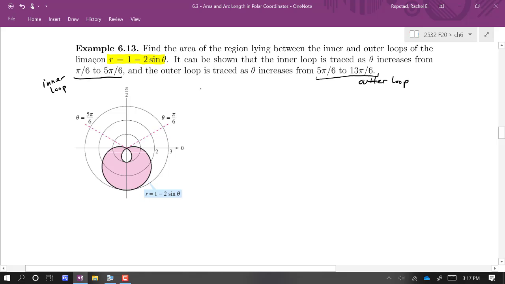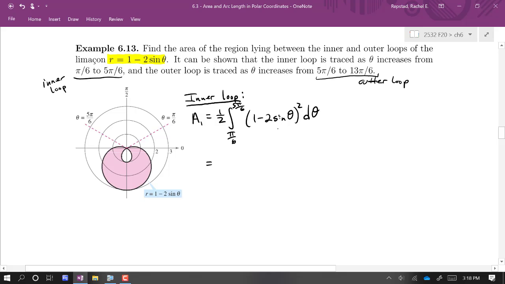Let's start, I guess, with the inner loop. I'll call that A1. 1/2 integral, the inner loop is pi over 6 to 5 pi over 6. Now we just have to figure out how do we integrate such a thing.